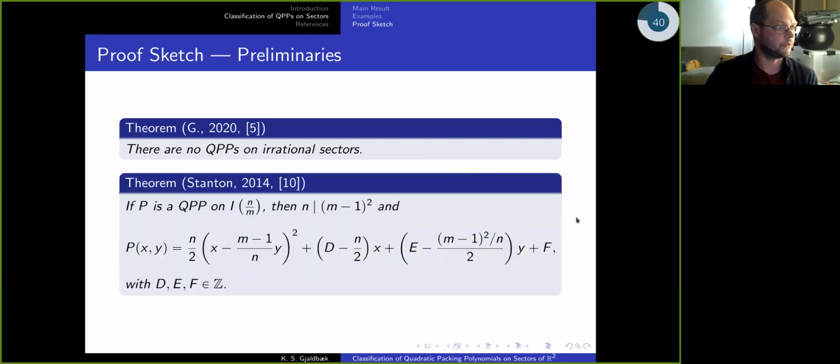And then our starting point is essentially Stanton's result, which said that n has to divide m minus 1 squared, and the quadratic part of the polynomial must look like this if it is a quadratic packing polynomial. Now, the linear terms are half integers, so d, e, and f must be integers, and for reasons you don't have to worry about, I'm subtracting the coefficient of x squared and the coefficient of y squared. It's not really important.